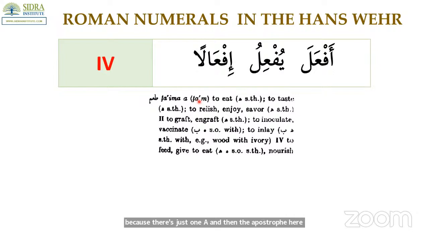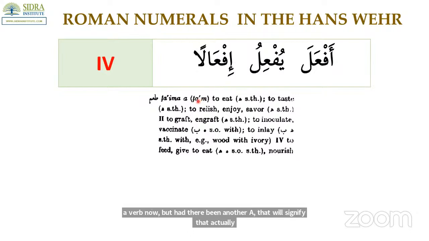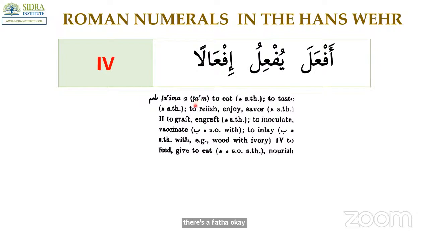So there's no fatha on the ain. Ta'man. Okay. Had there been, for argument's sake, another a, that will signify that actually there's a fatha. Okay, so it's not abrupt. Ta'aman, not ta'man. Okay, but we're not talking about ta'ima here. We're talking about number 4.